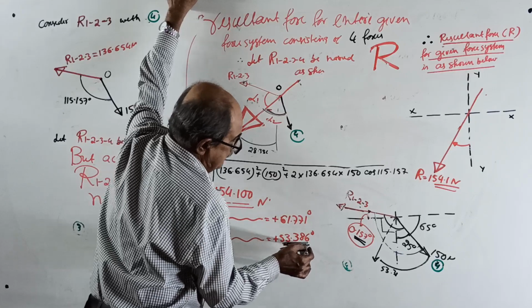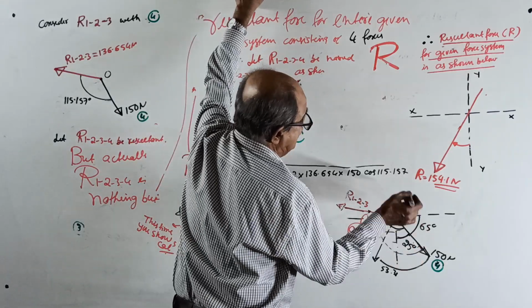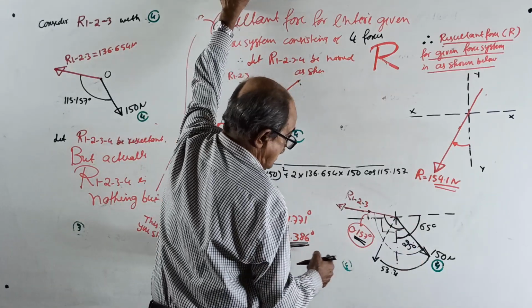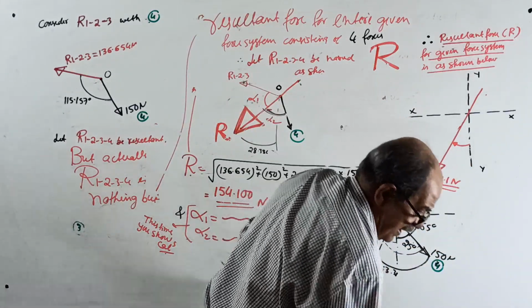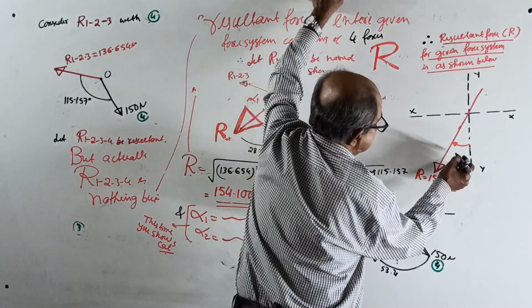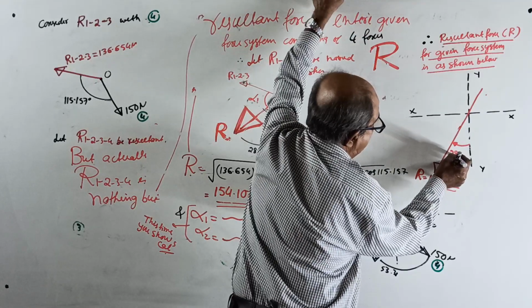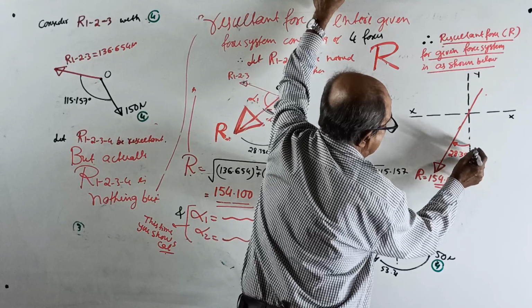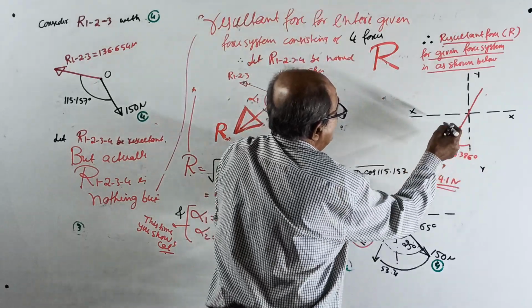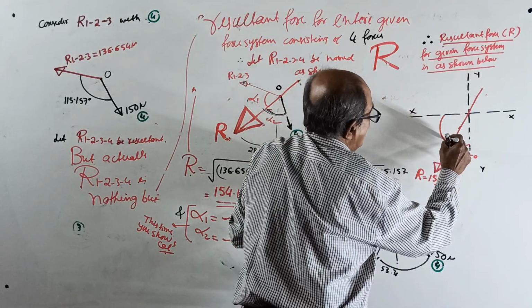From the 150 force it is alpha 2, 53.386. From 53.386, subtract 25 and you will get 28.386 degrees with the vertical. Or you can write this angle also. How?